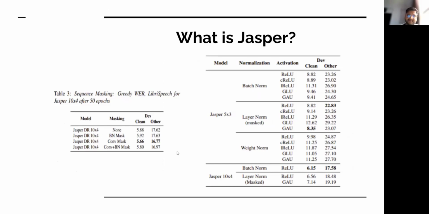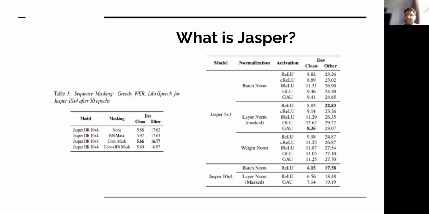Then these are the results from the original paper for Jasper. The model that we used is Jasper DR 10x4 with batch normalization. It uses ReLU activation, and the output on the data set was 6.15 WER.